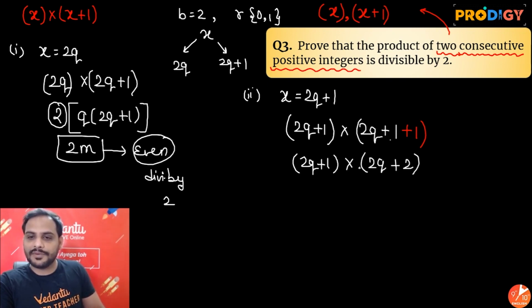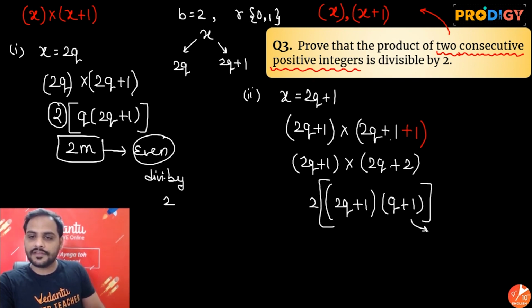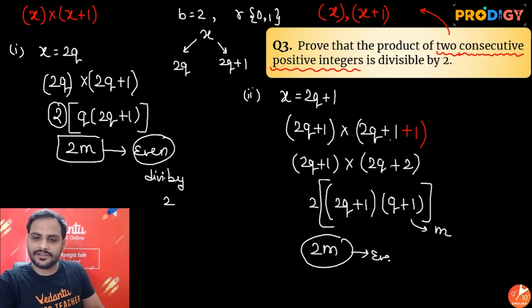Take 2 common from this bracket. So if I take 2 common from this bracket, I am left with 2 into 2q plus 1 into q plus 1. So again, if I take it as m, some whole number, obviously if q is some whole number, this whole value is going to be some whole number only. So it is 2m, which is again even. That means divisible by 2.